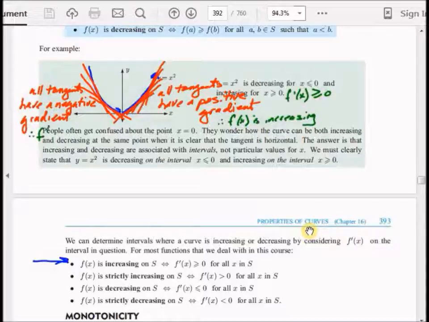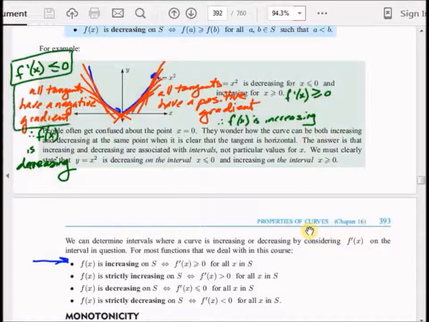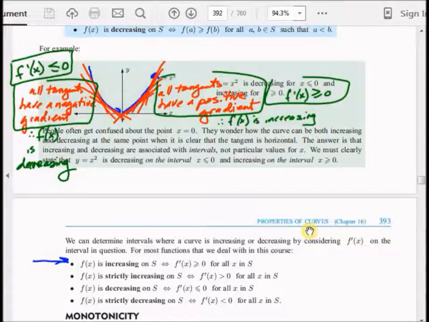Therefore, f of x is decreasing, and also the derivative is less than or equal to 0. So these two things mean the same thing: the derivative is less than or equal to 0, and all tangents have a negative gradient. And these two things mean the same thing: all tangents have a positive gradient, and the derivative is greater than or equal to 0.